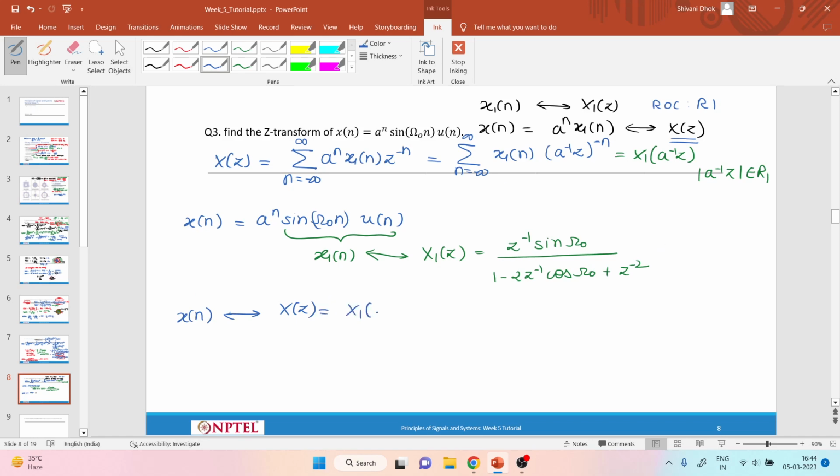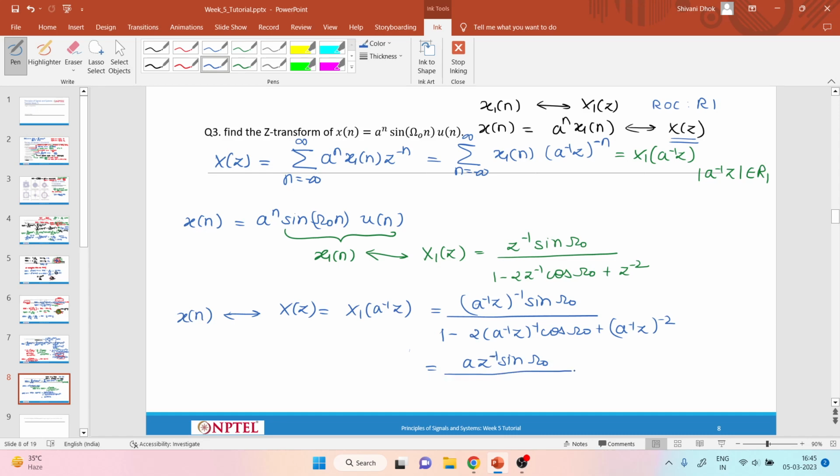which means that x of n, which has a z transform of x of z, will be equal to x1 of a inverse z, which is equal to a inverse z whole power minus 1 sine of omega naught upon 1 minus 2 into a inverse z whole power minus 1 cos of omega naught plus a inverse z whole power minus 2, which is equal to a z inverse sine omega naught whole divided by 1 minus 2a z inverse cos of omega naught plus a square z power minus 2.